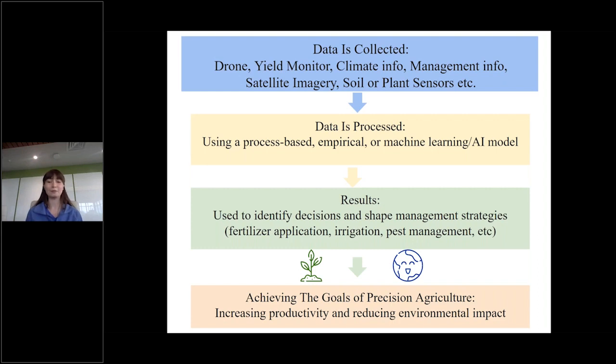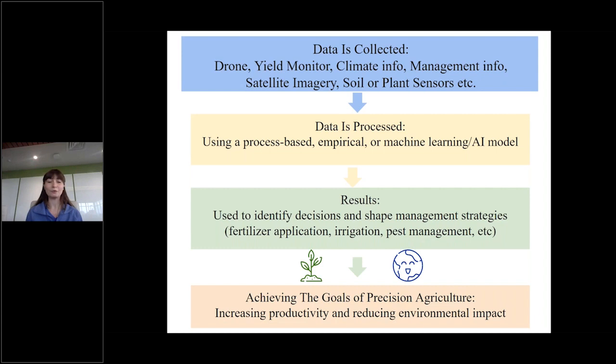Then this data is processed, and we will definitely talk more about the processing part in a little bit, but it is processed in three main ways. There are process-based models, empirical models, and now becoming more prevalent are machine learning and AI models. And then from this processing, you have your results.